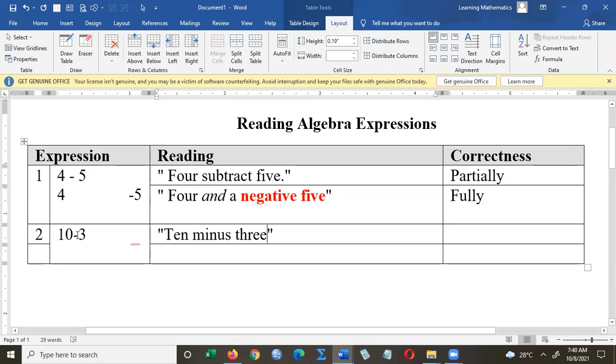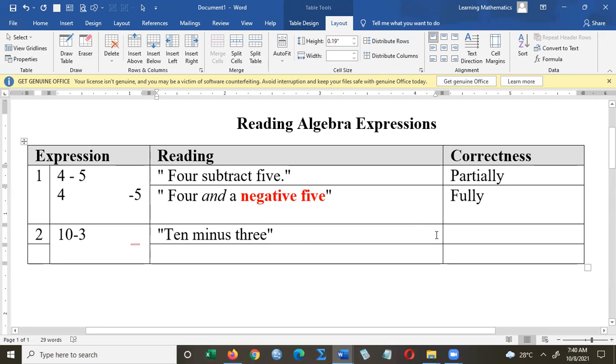That little dash, you can see minus, you can see subtract. You can even say take away. Take away is a verb, telling you what to do. So that's another interpretation again. But as an adjective, it is a negative 3.